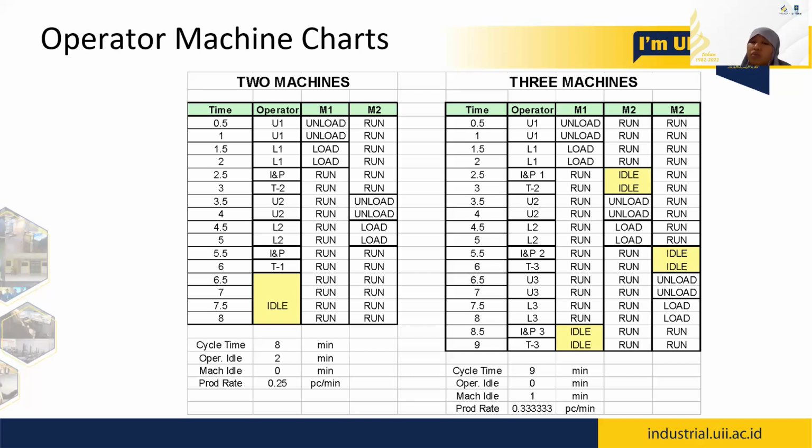The operator does the unload, load, inspect and pack, and then transfers, doing the same thing until all the machines are utilized. It is slightly different, where the production rate increases because within 9 minutes, the cycle time going from 8 to 9, they can produce 3 pieces.